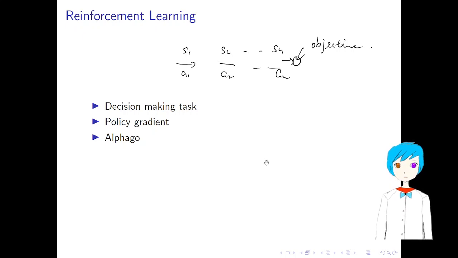So reinforcement learning is for such decision-making tasks to determine the intermediate actions Ai. Basically, we do this process again and again, and we gradually improve our prediction, improve the action we are taking.